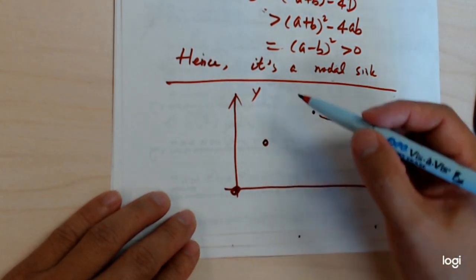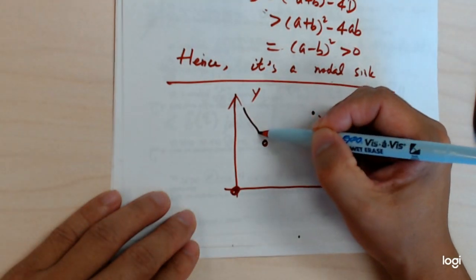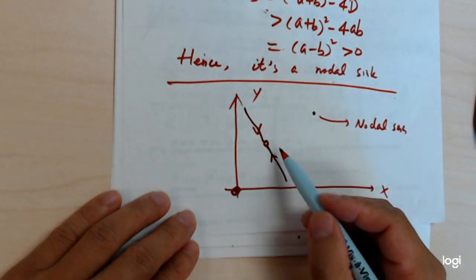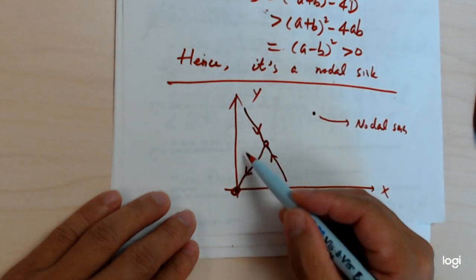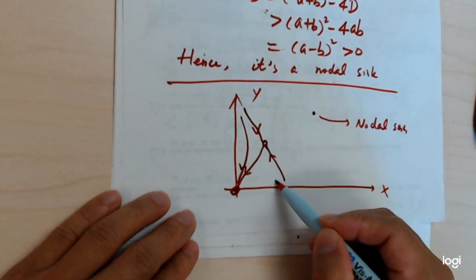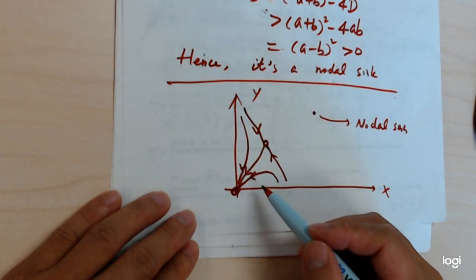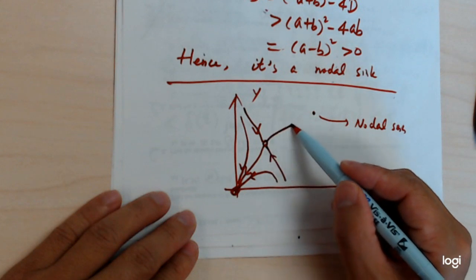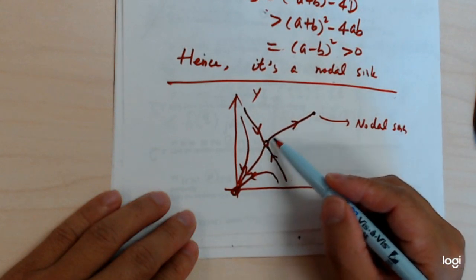And the actual phase portrait can look like this. Zero, zero is always stable. Those regions are all attracted to the origin. This is a saddle. There is an unstable part that connects this one with the nodal sink.